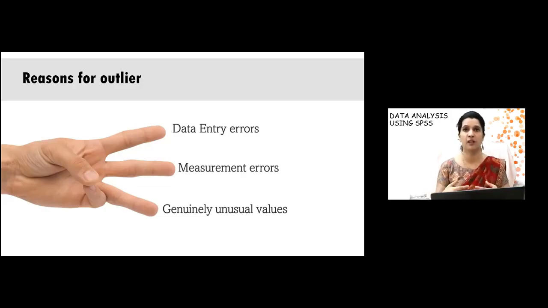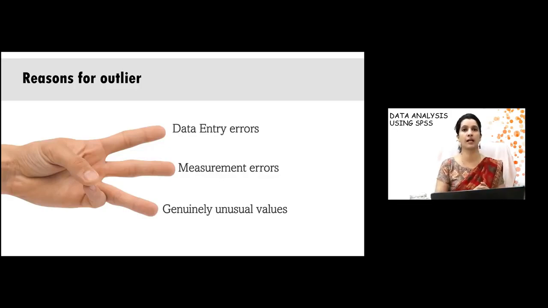We often face this problem, especially the clinicians. So there could be a measurement error, maybe due to not calibrating, or a change in reagent, or a change in the person who does this. Or genuinely, that value is large, meaning it has been measured correctly and it is either a very high or a very low value.